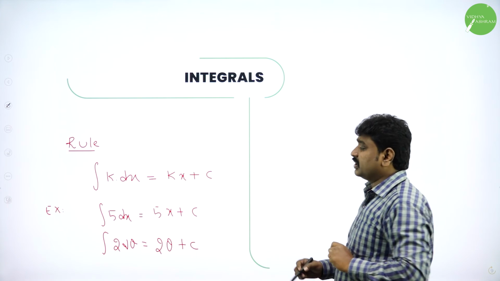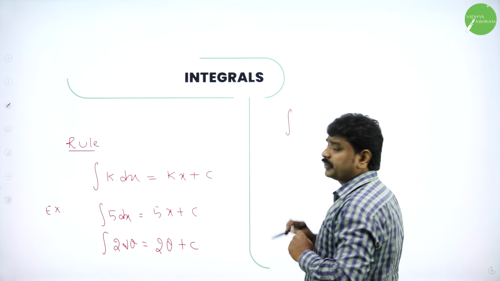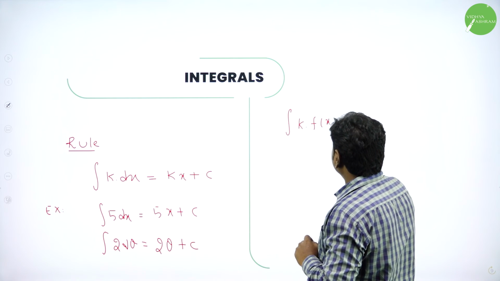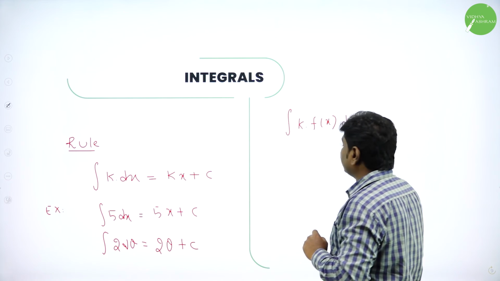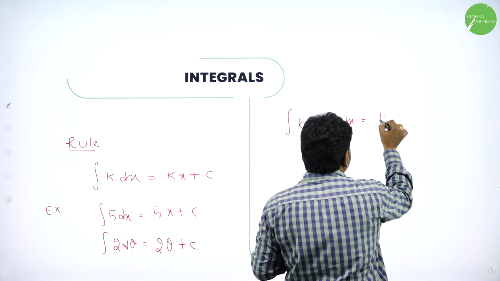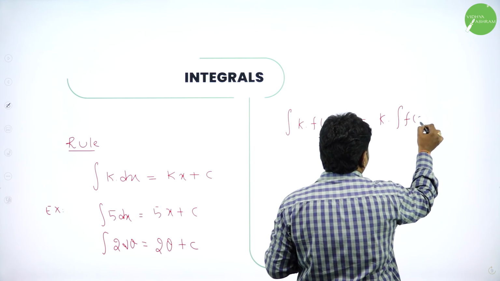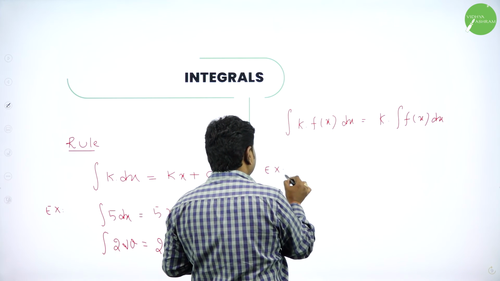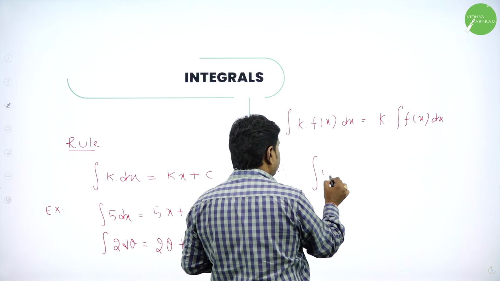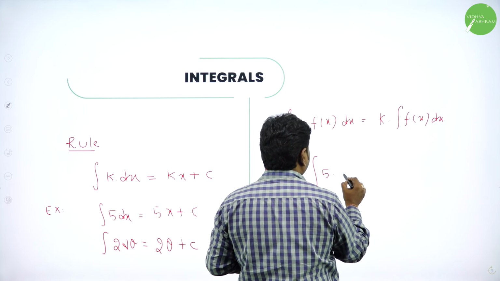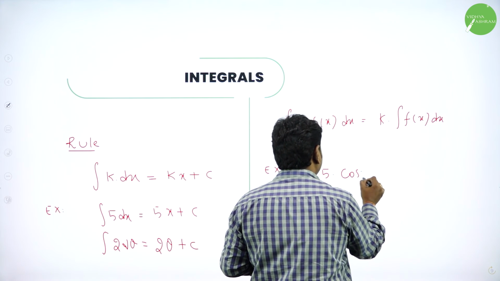And the next important thing is integration of constant into function. If you have integration of constant into function, take the constant out and integrate the function. Example, if you have integration of 5 into cos x dx.